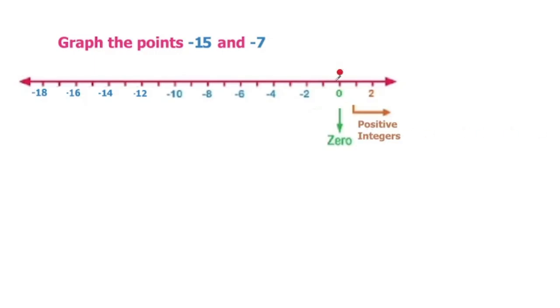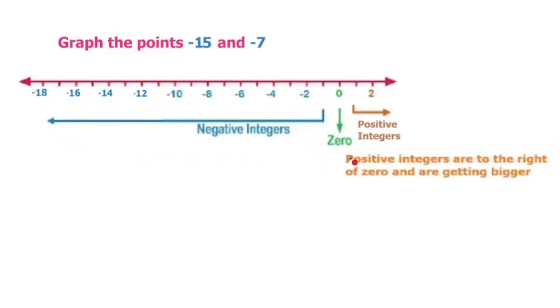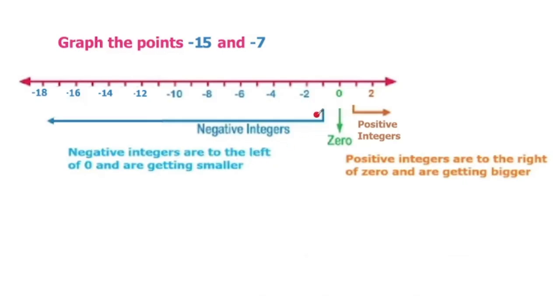So here's 0. We could see that numbers from here onwards are positive integers, and numbers from here onward are negative integers. Positive integers are to the right of 0 and are getting bigger. And negative integers are to the left of 0 and are getting smaller.